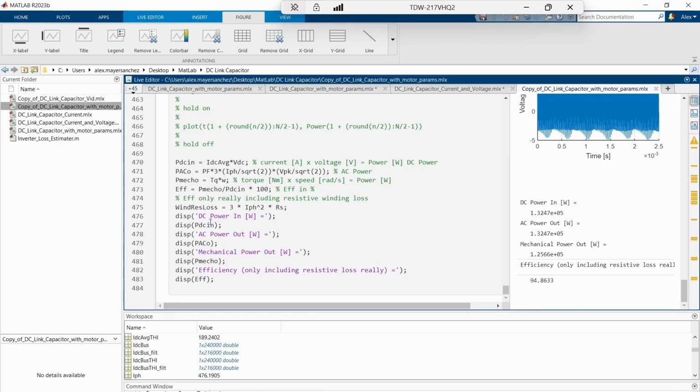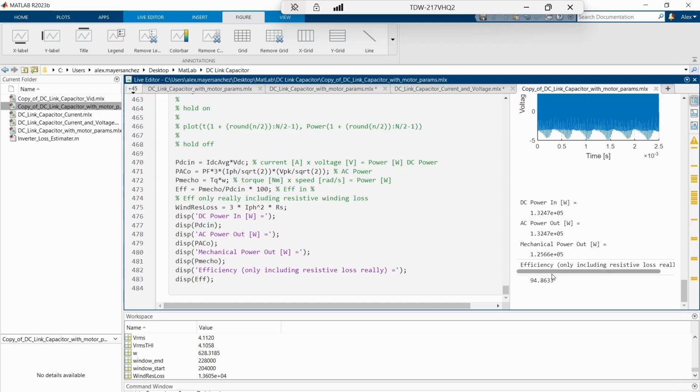And here I calculated the winding resistance loss. It might not be exactly correct. We have like 1.3 or like 13 kilowatts. These are like 10 kilowatts apart from each other. So it's pretty much just the resistive losses that we're accounting for in this model.